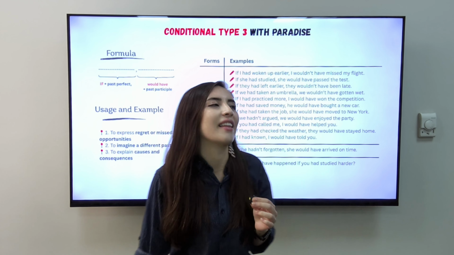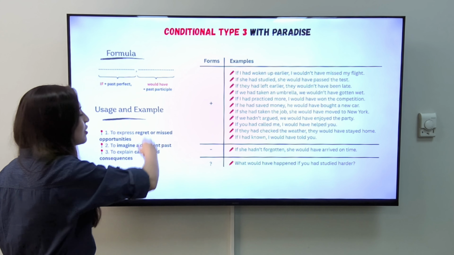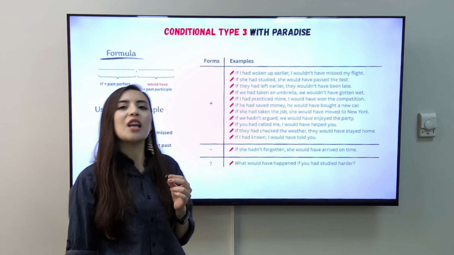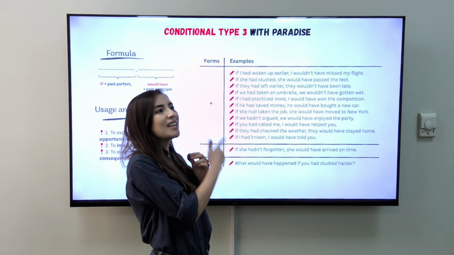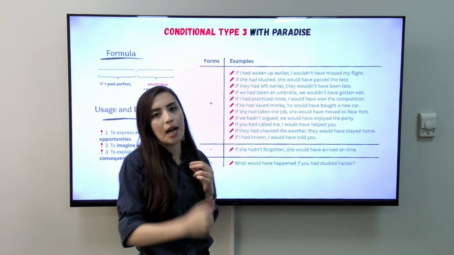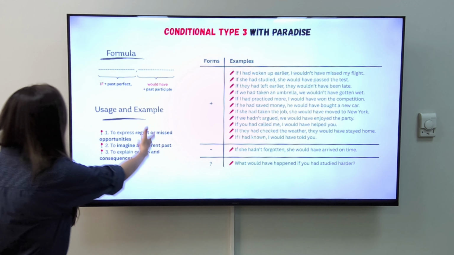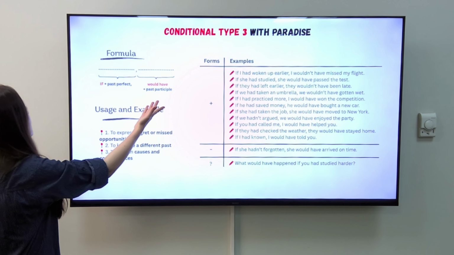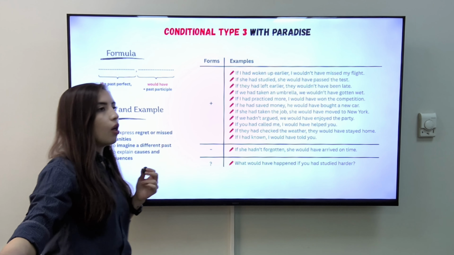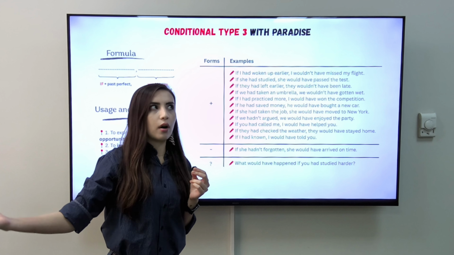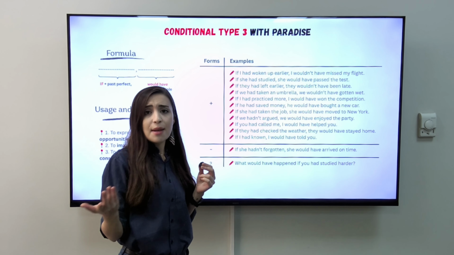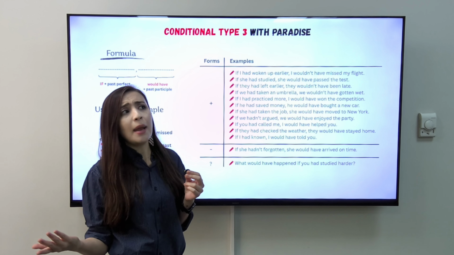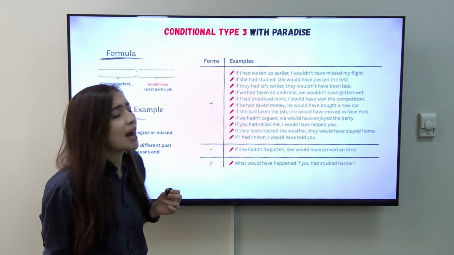Yeah, that's it. Let's go for conditional type 3 and see what the difference is between this one and the previous three other types. First off, we see that the previous ones were all simple past, or type 2 was simple past, and type 1 and type 0 were simple future and simple present.